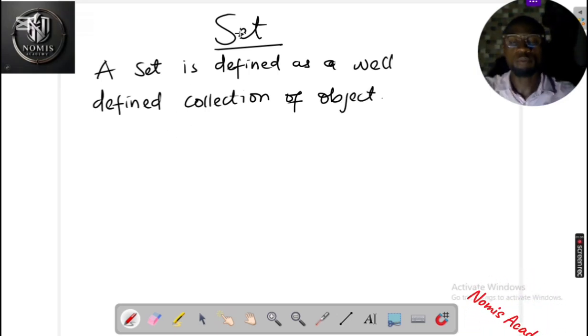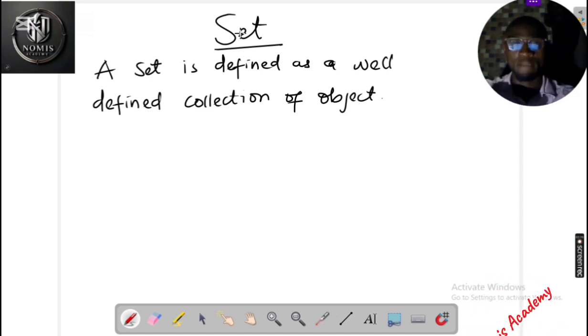Meaning that if we put some objects together, we define them for what they have, for the characteristics that we can tell about them. And it has to be well spelled out such that we can say that this is a set of this that we just said. For instance, we could have a set of primary 5 boys.